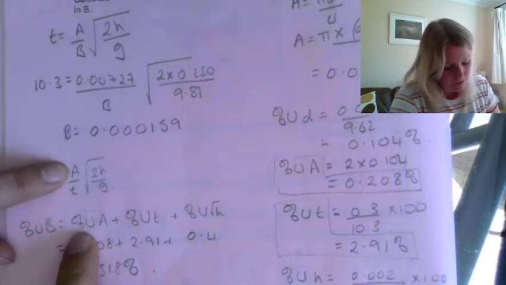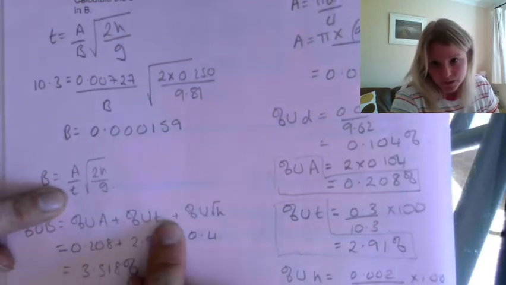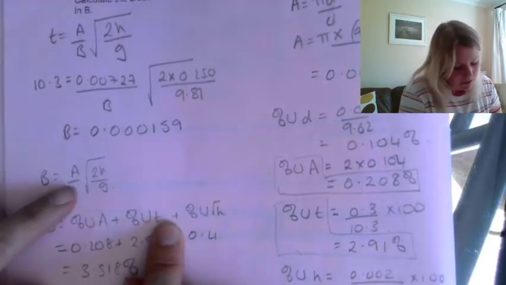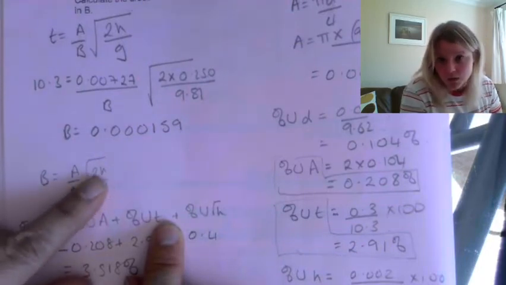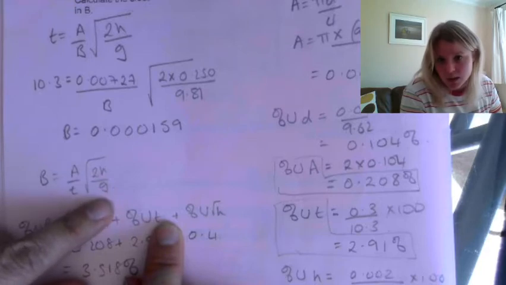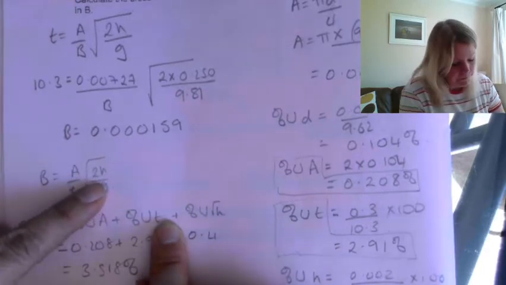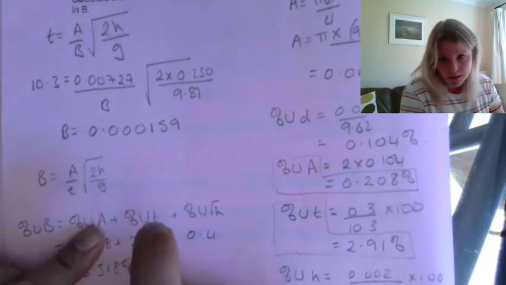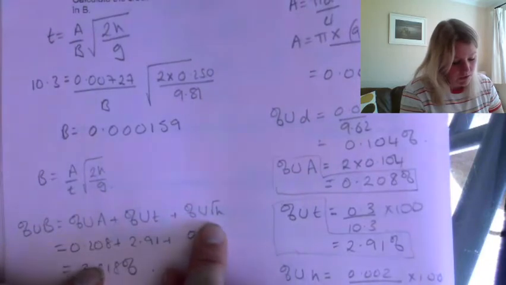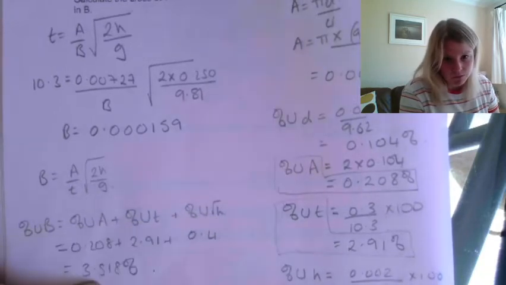So percentage uncertainty of A plus the percentage uncertainty of T, plus, because that then is getting multiplied by the square root of H, which has an uncertainty. 2 and g are just constants, so there's no uncertainty with them. So because that's getting multiplied, it is plus the percentage uncertainty of root H, and we'll deal with that square root over here somewhere.